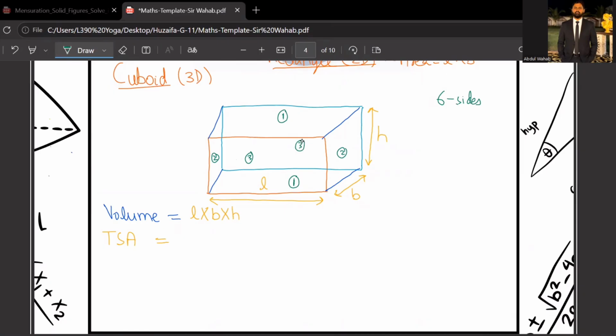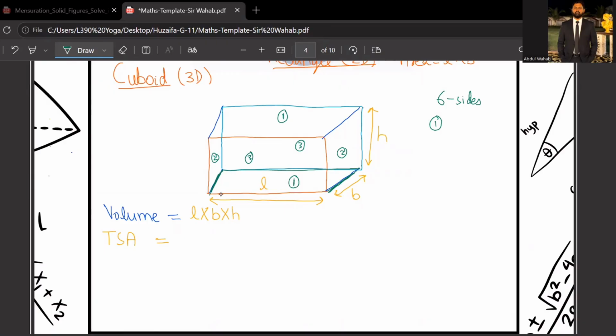So basically, the cuboid is divided into three different types of rectangle. If I focus on the first type of rectangle, you can easily see this, and this.